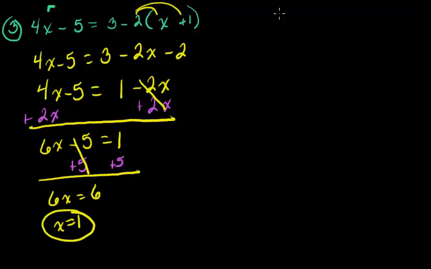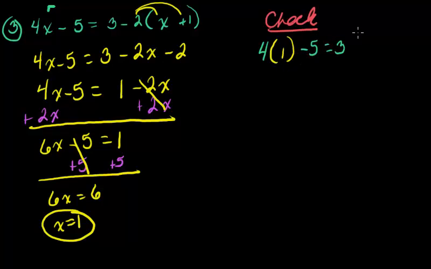When we check this, we're going to write out the equation. So we're going to say 4 times 1 minus 5 equals 3 times 1 plus 1.